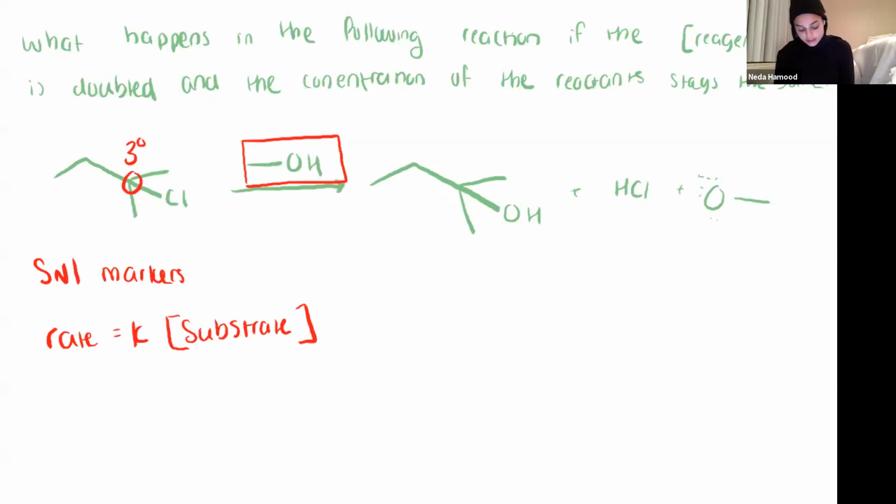And the substrate is the same thing as the reactant. So this would be k times this. And if you're making that stay the same, nothing else really matters. So then the answer here is going to be that the reaction rate is unaffected. Is everybody good with that?